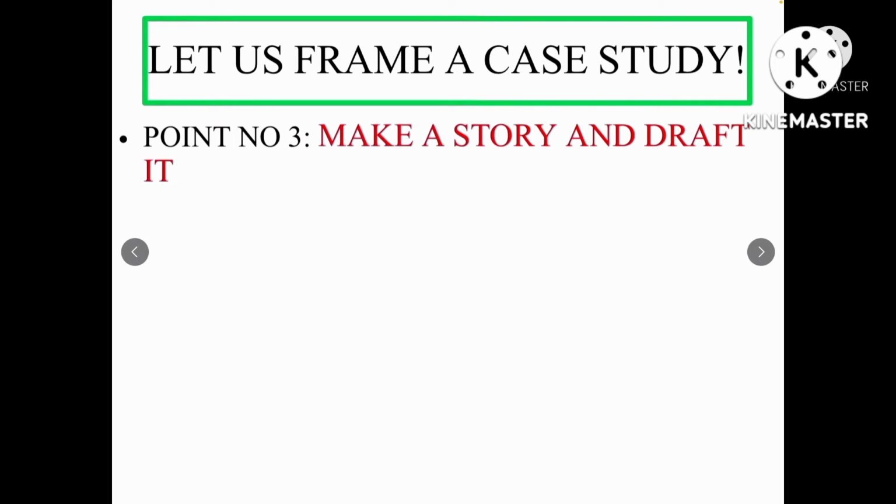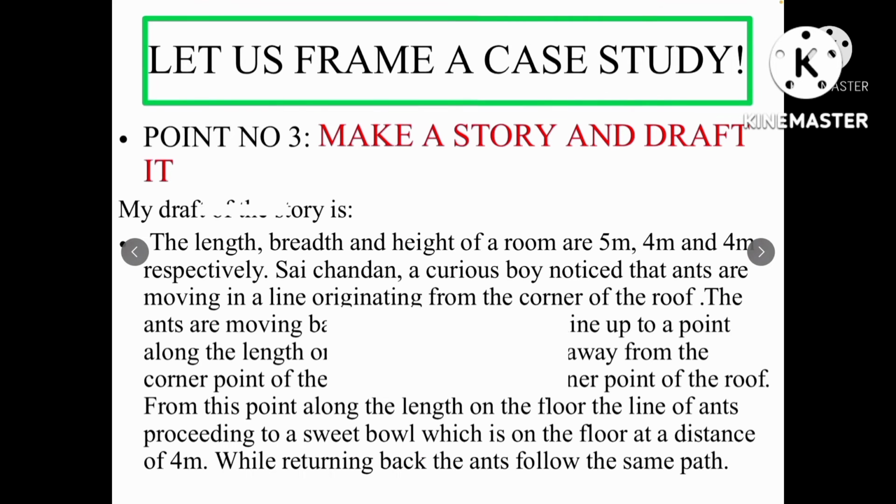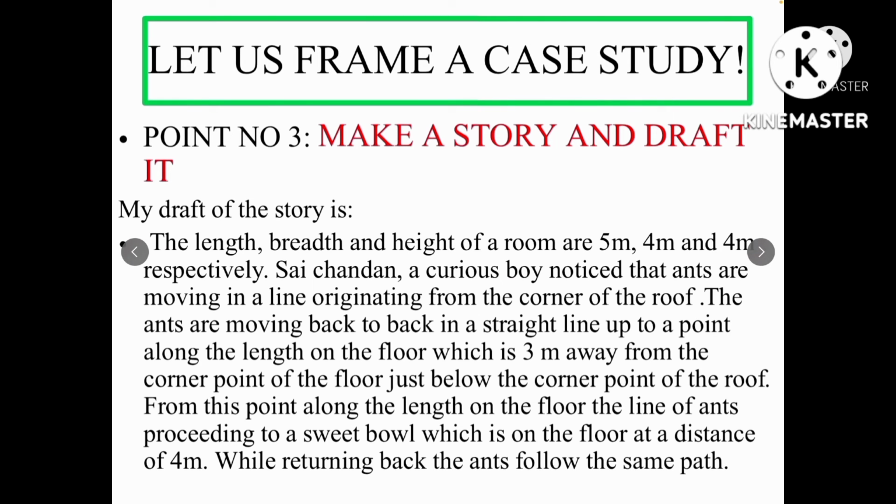Point number 3, make a story and draft it. So I just made a story on this and the drafting is like this. The length, breadth and height of a room are 5 meter, 4 meter and 4 meter respectively. Sai Chandan, a curious boy, noticed that ants are moving in a line originating from the corner of the roof.